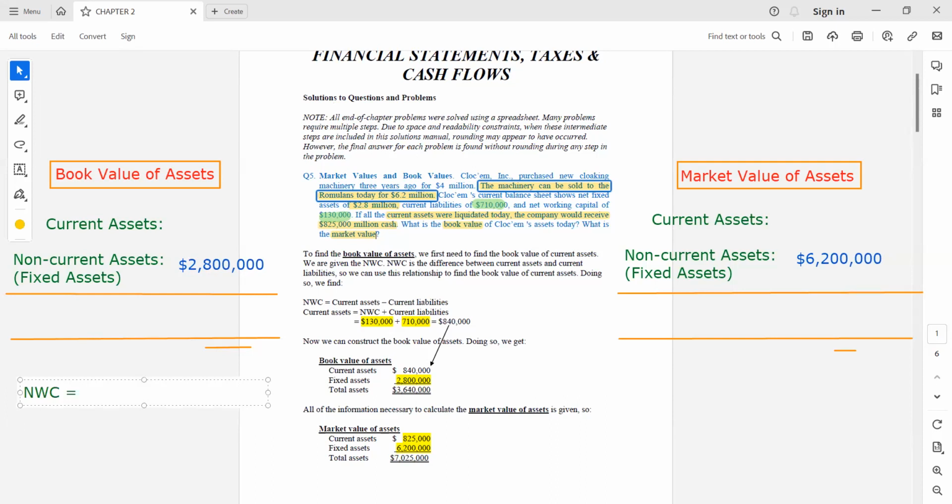Net working capital equals current asset minus current liabilities. Awesome. So current asset is unknown, but we know net working capital is 130,000, equals current asset minus current liabilities. Current liabilities is 710. Then we can get the current asset ready. Easy.